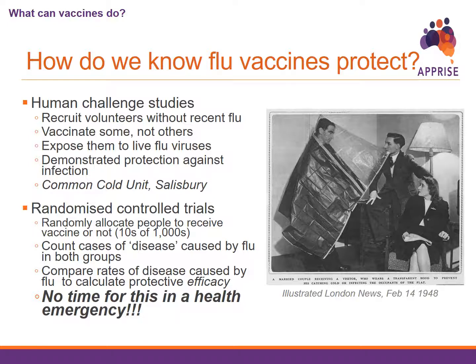Disease cases are identified and counted in both groups, and the rates of disease in each of the vaccinated and unvaccinated groups are compared to calculate protective efficacy. So these studies are highly effective. They give us a strong evidence basis that vaccines work, but they are time-consuming and costly, and there is certainly no time to undertake this level of rigorous scrutiny of a vaccine in a health emergency, because by the time you have conducted your study, the whole thing will be over.